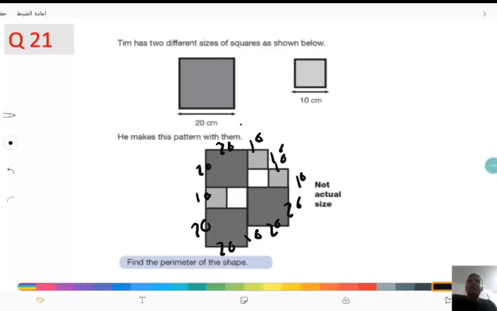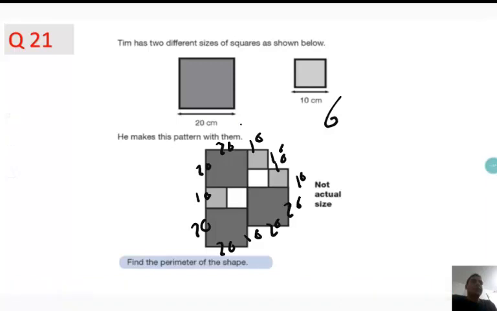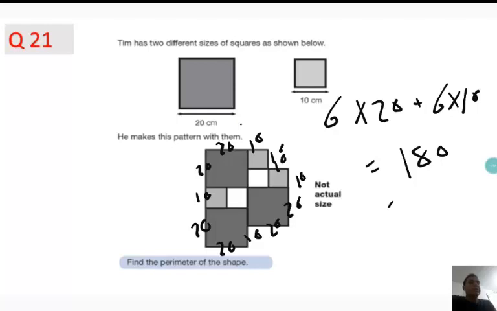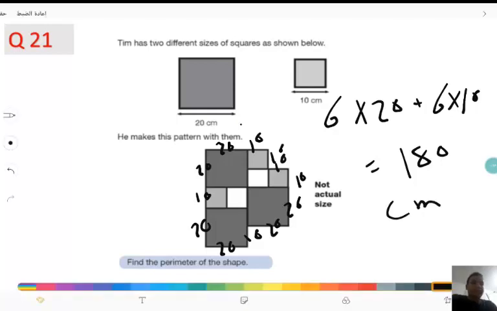That means we have 6 sides, each one 20 centimeter, and 6 sides, each 10 centimeter. So finally the perimeter is 180 centimeter. That's it.